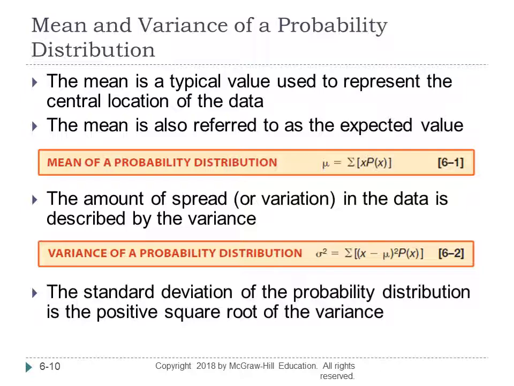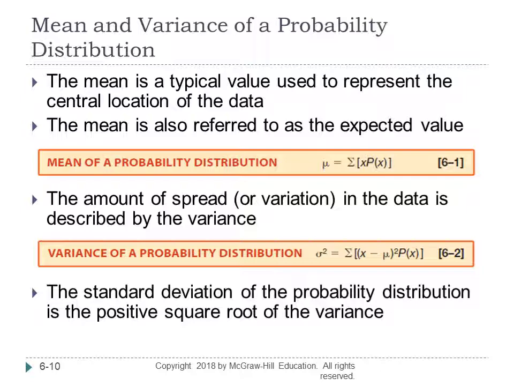Now we are ready to do some calculations. We want to see how to calculate the mean and variance of a probability distribution. A probability distribution is the result of a random variable. We will define and calculate the mean for the distribution and also the variance.